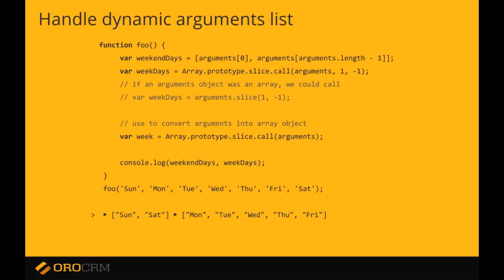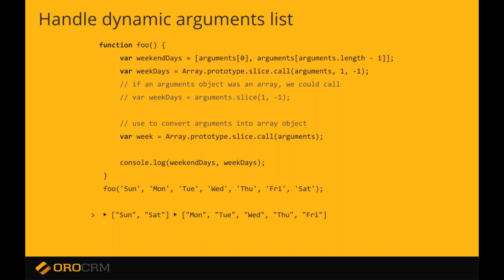Let's talk about how we can deal with arguments. For example, we have a function that accepts a long number of arguments. We can make them named, but it might not be so convenient. We can work with all arguments as they are over the object arguments.